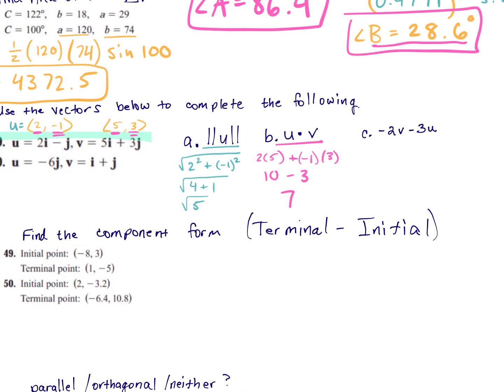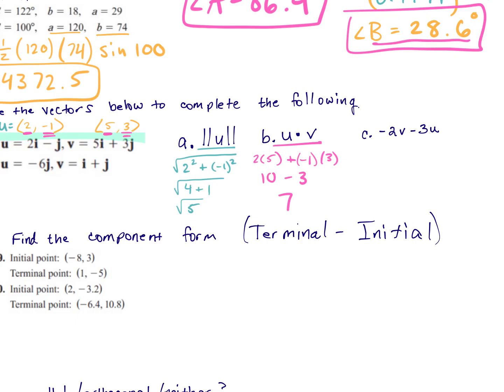Then for C, we have -2 times vector v minus 3 times u. So -2 times vector v, I'll write it out here. Vector v would be 5, 3, minus 3 times vector u, which is 2, -1.